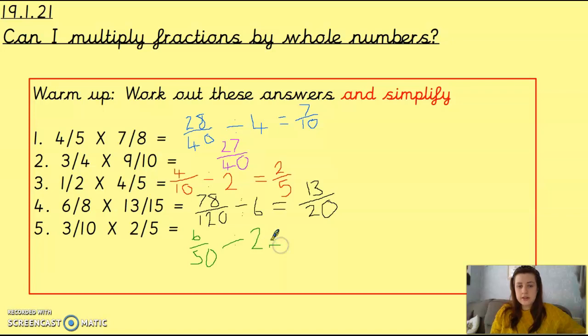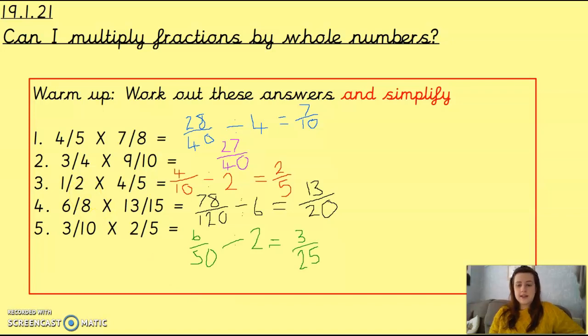So we do 6 divided by 2 would give us 3. 50 divided by 2 would give us 25. So hopefully you managed to get all of those right and work them out, because we're going to need some of those skills for what we're doing today.